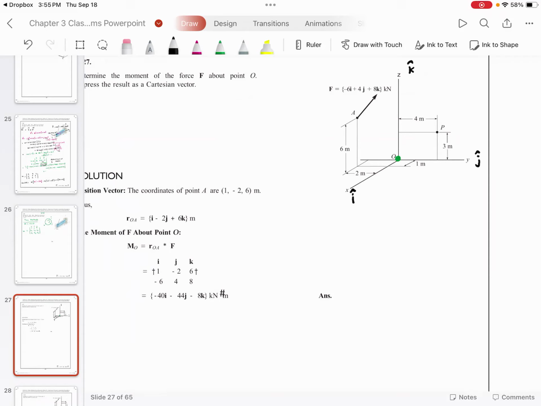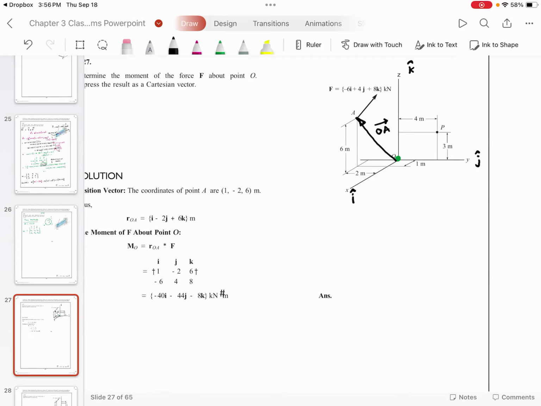Now, I need to find out the position vector, this guy, OA. OA position vector means starting from O, going towards A.